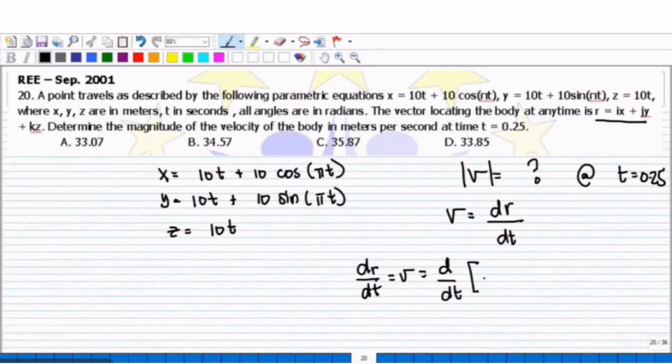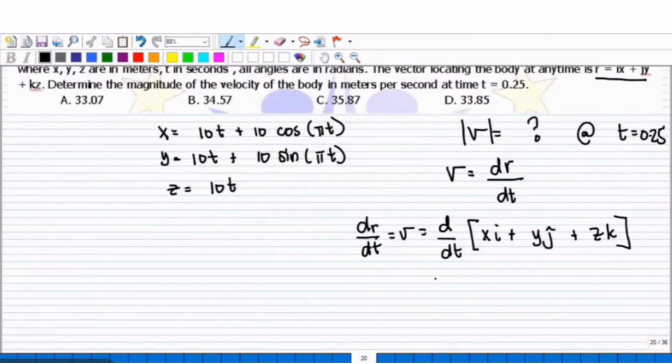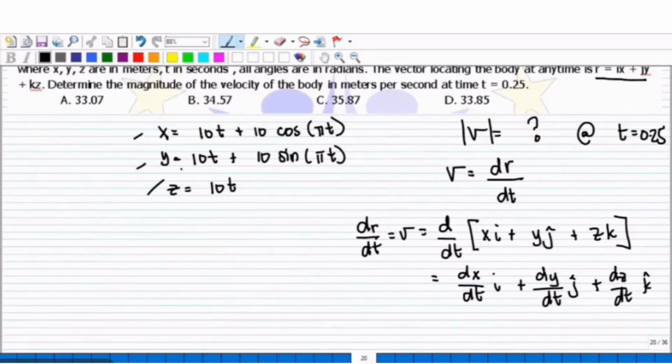Ano yung r natin? So, this is xi plus yj plus zk. So, this is equal to dx/dt times i plus dy/dt times j plus dz/dt times k. Kukunin lang natin lahat ng derivative nito, i-multiply natin sa ijk.